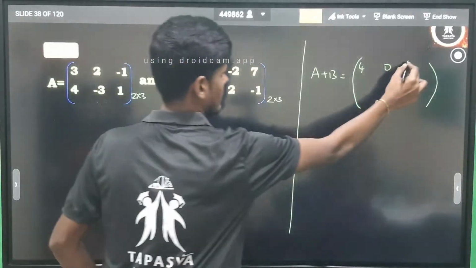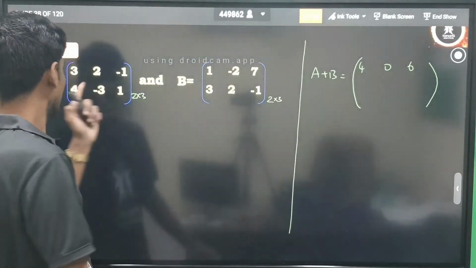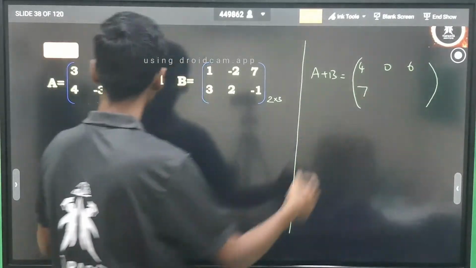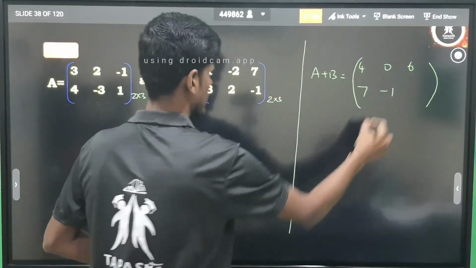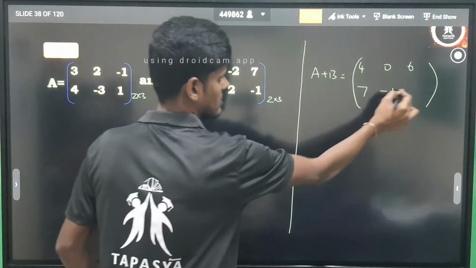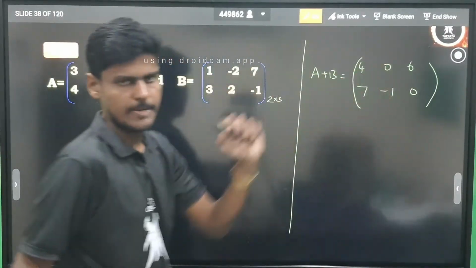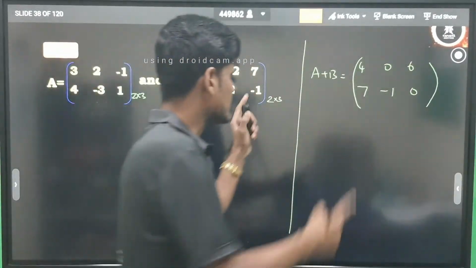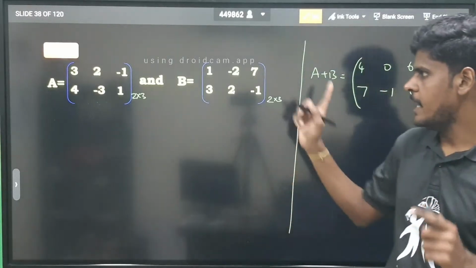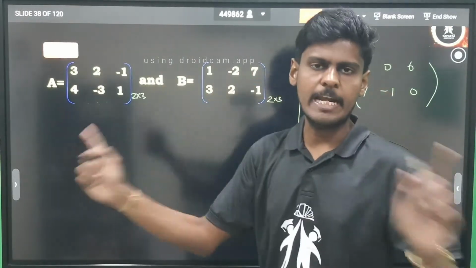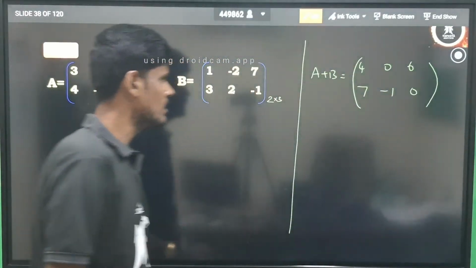Minus 1 plus 7, 6. 4 plus 3, 7. Minus 3 plus 2, minus 1. 1 minus 1, 0. This is the A plus B matrix. This matrix exists only when both the matrices A and B have the same order. Only then can we add the corresponding elements.